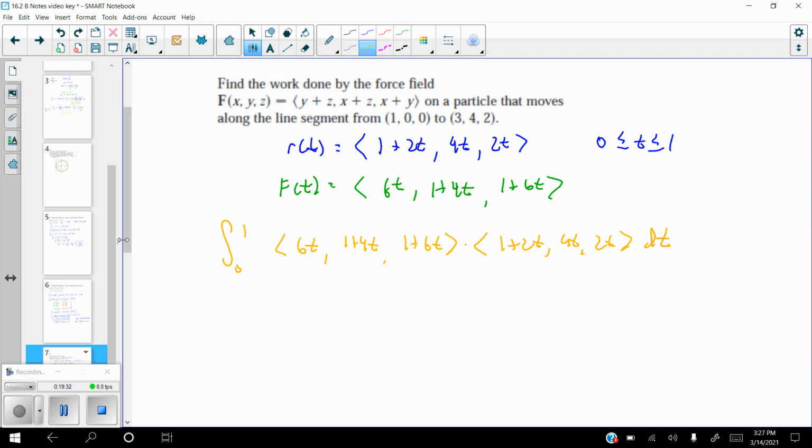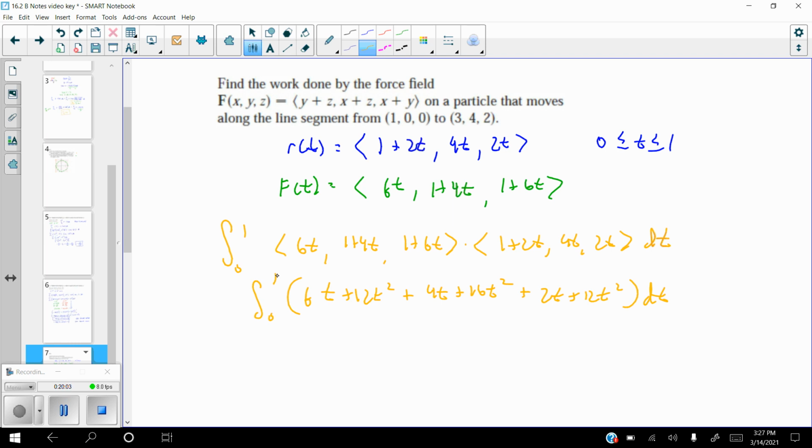All right, let's see what we get. Let's dot these things. So we get 6t plus 12t squared, plus, let's see, it's going to be 4t plus 16t squared. And then the last piece is going to give us 2t plus 12t squared, dt.